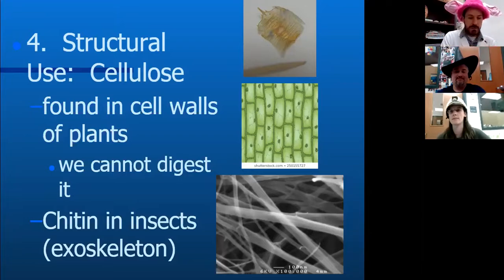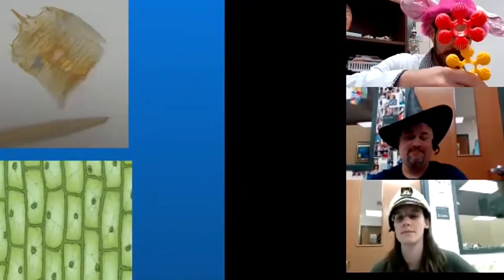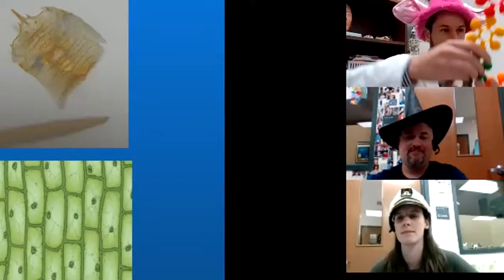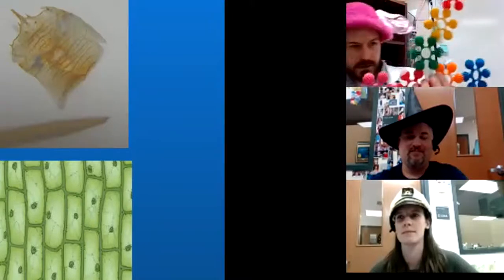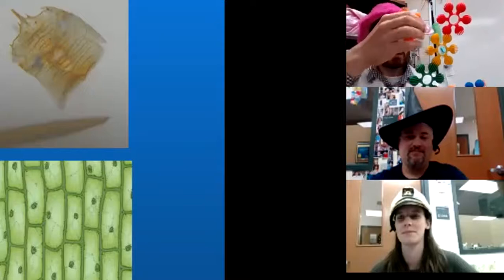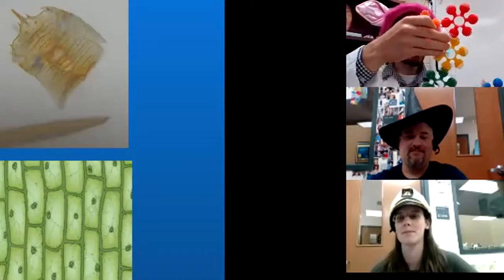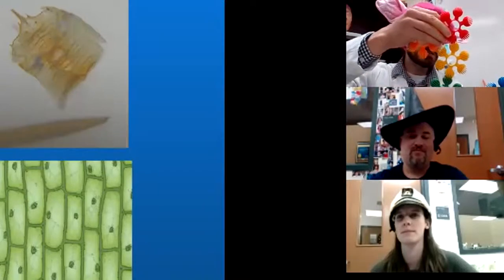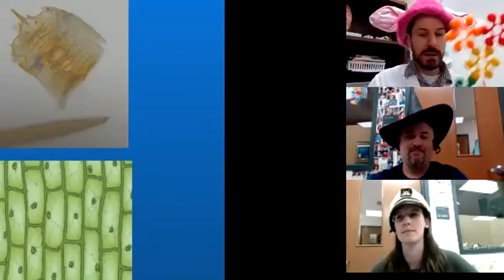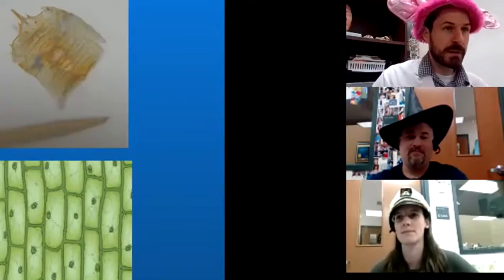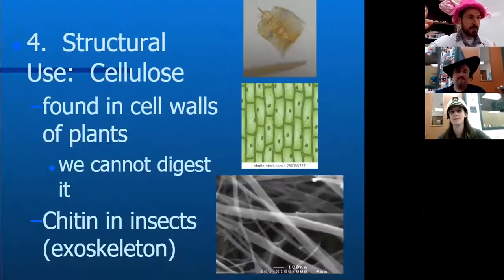I could also make one that is branching. So this could branch off to the side here. And now I've got a bunch of craziness going on here. And that alters the properties of that polysaccharide. So again, if you think about the Legos, even though they're the same pieces, how you physically connect them changes what you make.